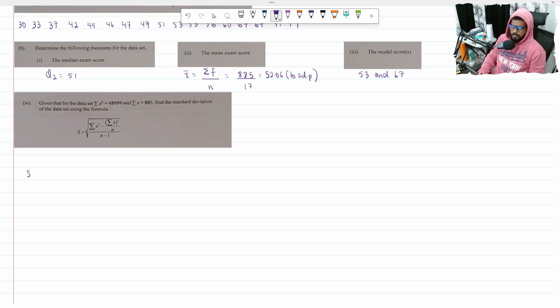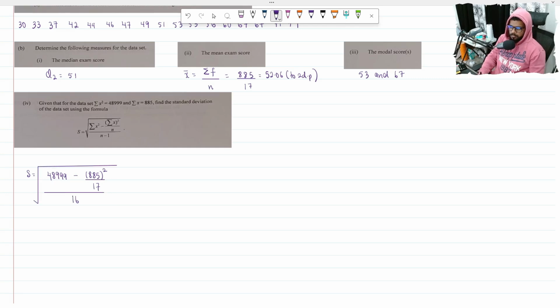So S is equal to the square root of sigma x squared, which is 48999, take away sigma x all squared, which is 885 squared over 17, all over 16.